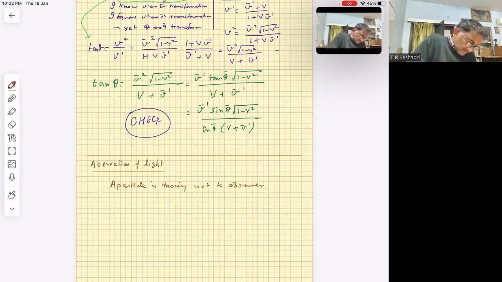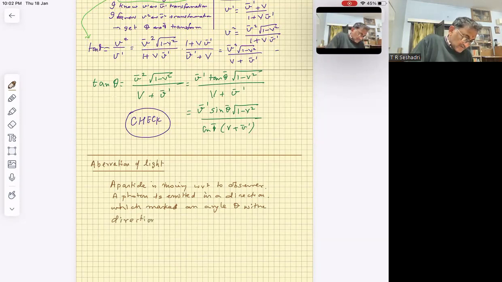A photon is emitted in a direction which makes an angle theta with the direction of motion in the particle frame.